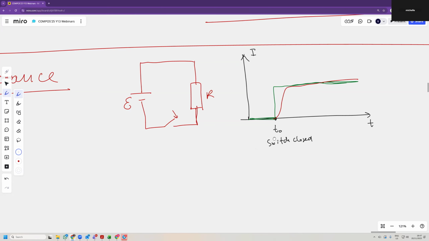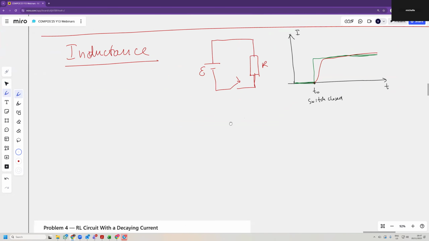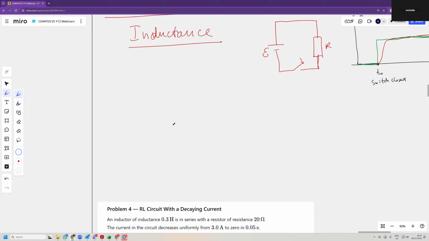So let's have a look. Imagine we have a coil of wires, and we have a resistor and a switch.